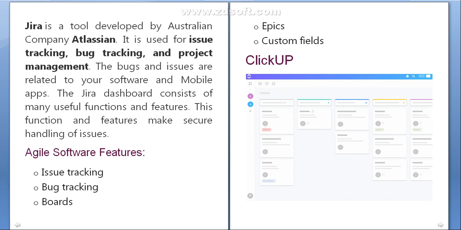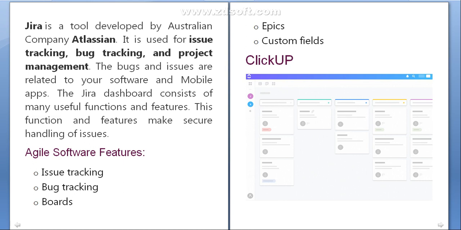Jira is a tool developed by an Australian company, Atlassian, and it is used for issue tracking, bug tracking, and project management. The bugs and issues are related to your software and mobile apps.